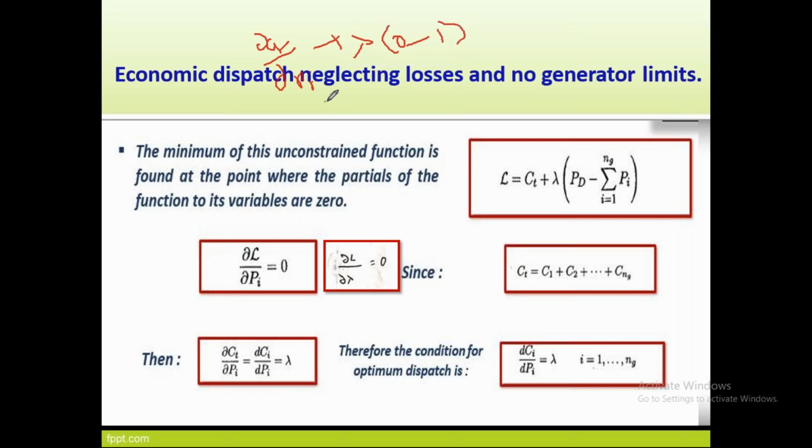So from this you will get dCt divided by dou Pi is equal to lambda. This is the equation after solving case 1. If you differentiate this equation, you will get a formula like this.